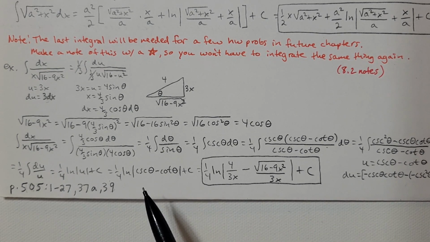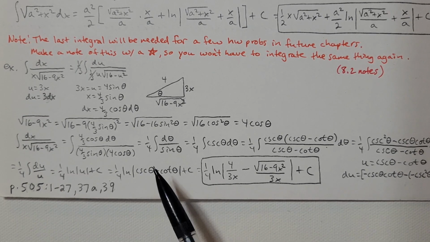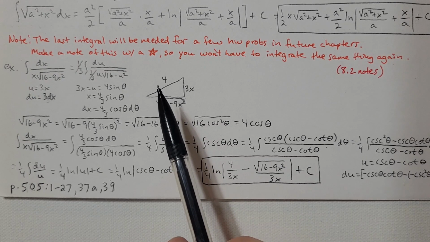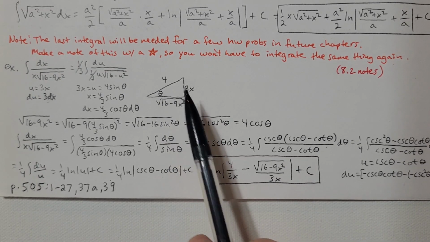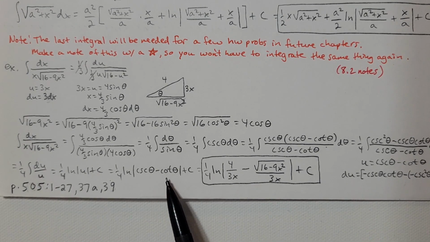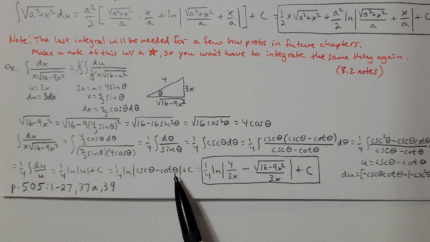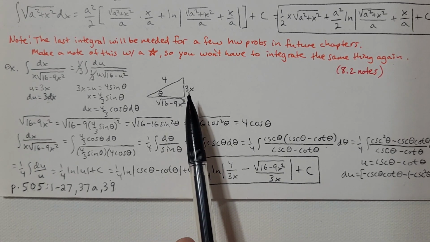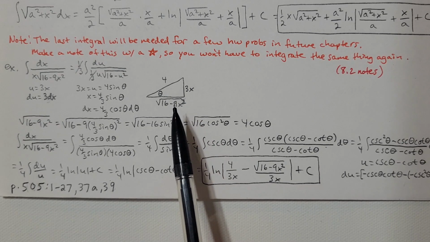Let's see. Cosecant theta is the reciprocal of sine theta. Sine theta is opposite over hypotenuse. So we're going to want the hypotenuse over the opposite side. 4 divided by 3x. Minus cotangent theta is the adjacent side over the opposite side, okay?